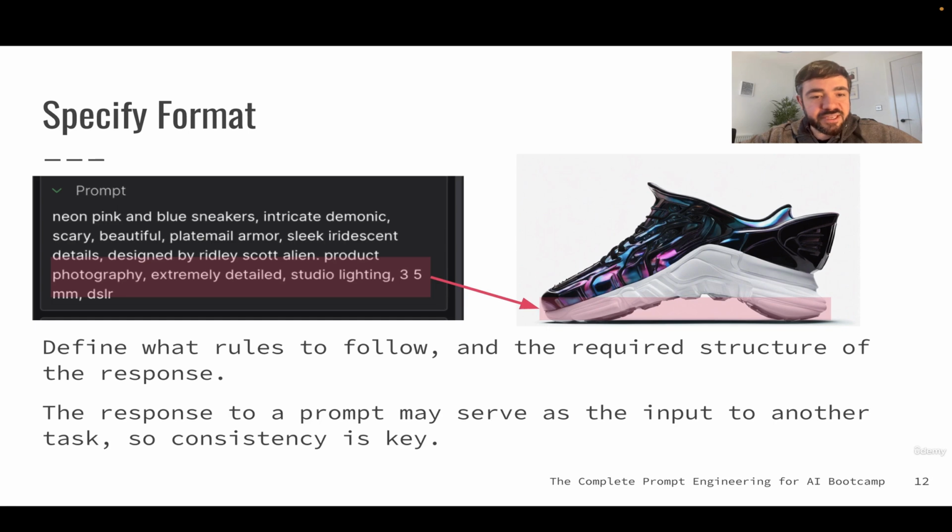We have photography, extremely detailed, studio lighting, 3.5 millimeter DSLR. So this is a way for us to keep it very consistent. If we append this on the end of every prompt, then we're going to get a pretty consistent visual style every time. We've defined what rules we want it to follow. We've told it what sort of structure of the response comes back.